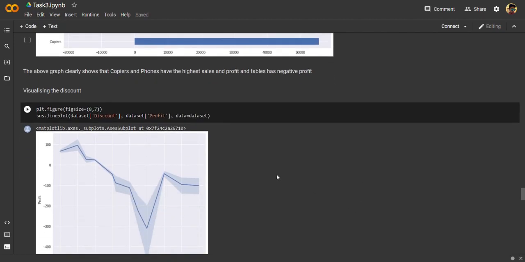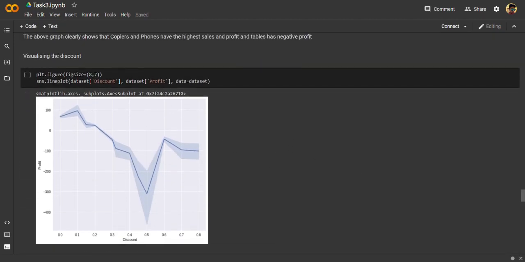From the above, we are now visualizing whether the discount being less or more affects the profit, so discount versus profit. It's not the case that the more the discount, the more the profit. From the line graph itself, we can see that the less the discount, the more the profit.